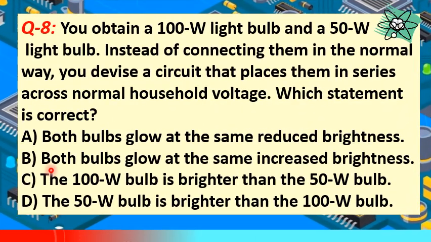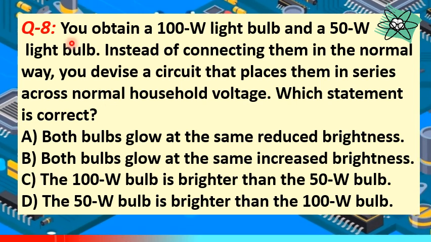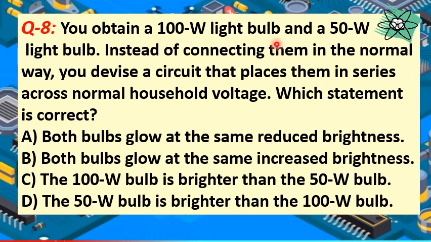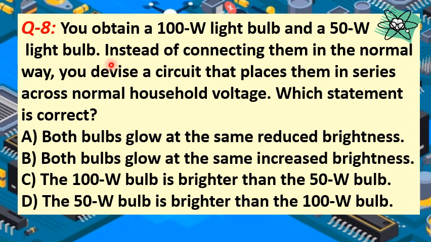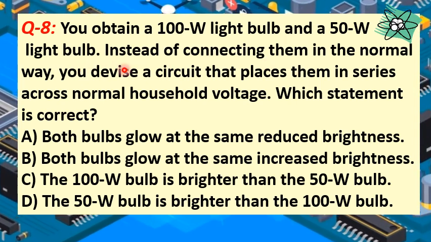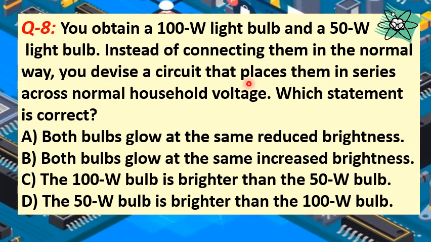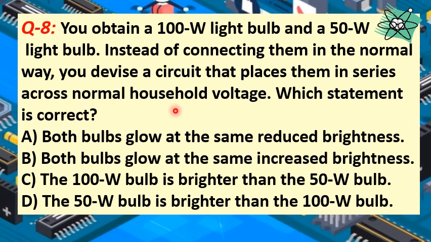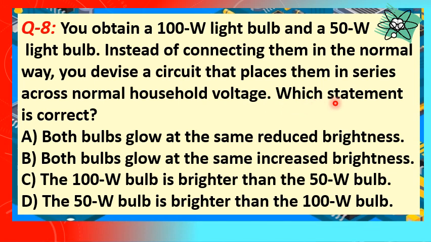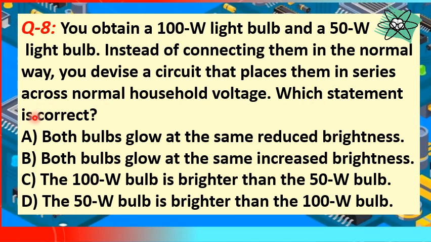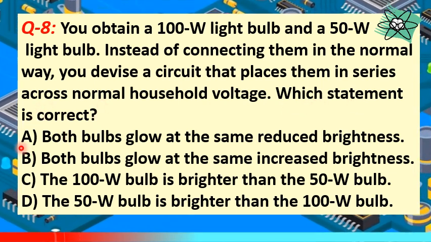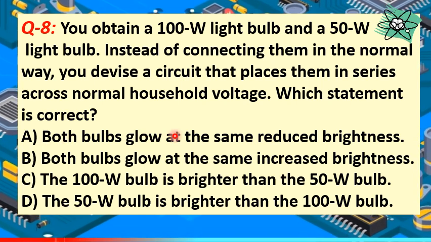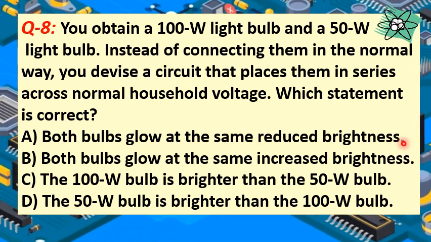For our last question, number 8, you obtain a 100-watt light bulb and a 50-watt light bulb. Instead of connecting them in the normal way, you devise a circuit that places them in series across normal household voltage. Question: which statement is correct? Option A, both bulbs glow at the same reduced brightness.